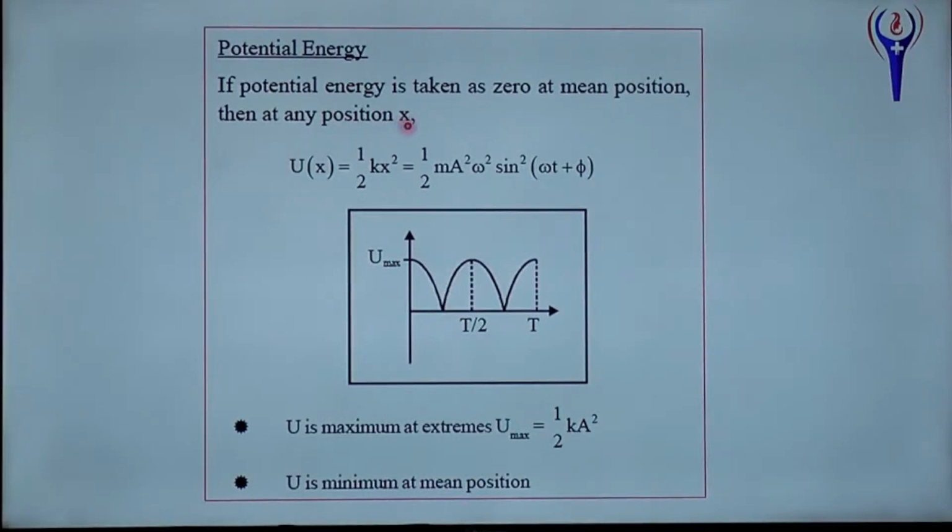Potential energy. If potential energy is taken as 0 at mean position, then at any position U of x equal to half k x square, equal to half m a square omega square sin square(omega t plus phi).